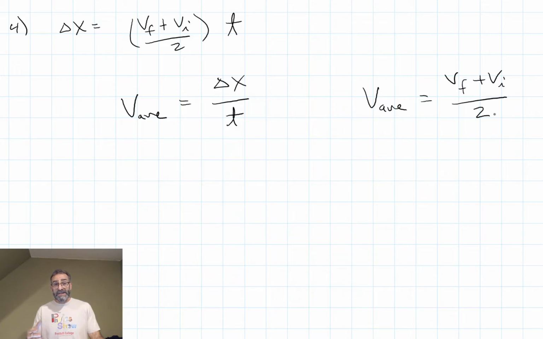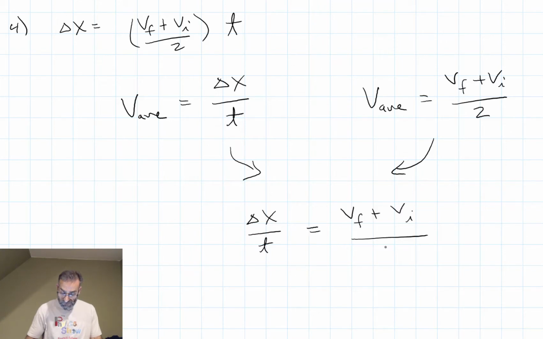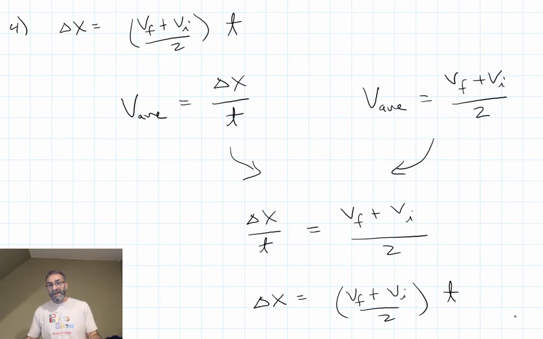If the acceleration is constant, the velocity is linear, and we can find v average just by averaging the endpoints. If v wasn't linear, if it had some curvature to it, we couldn't do this. But this is true if the acceleration's constant. Well, we just set these two equal to each other, and we end up with equation 4.